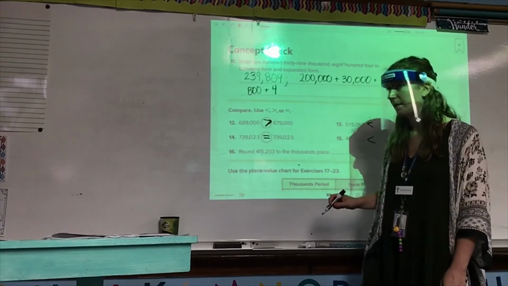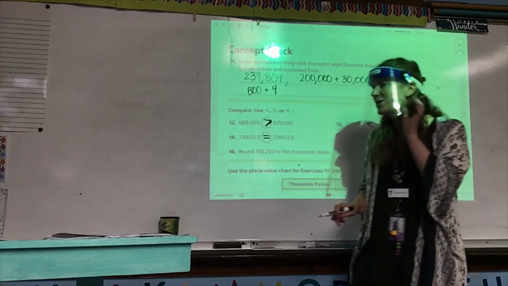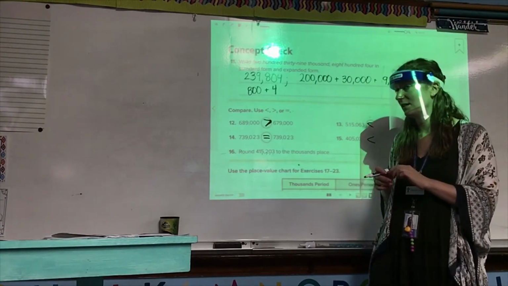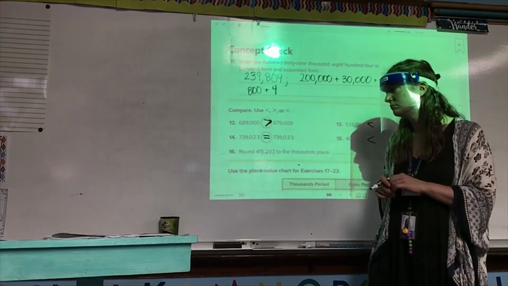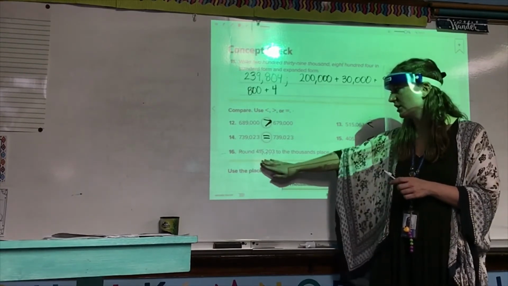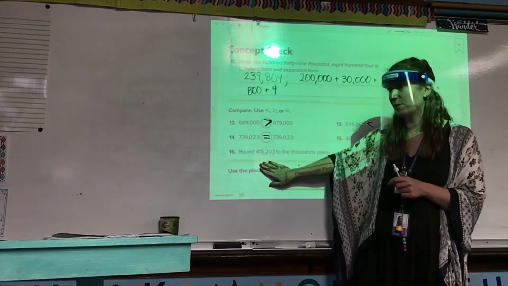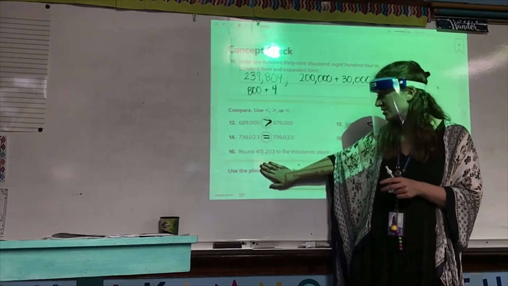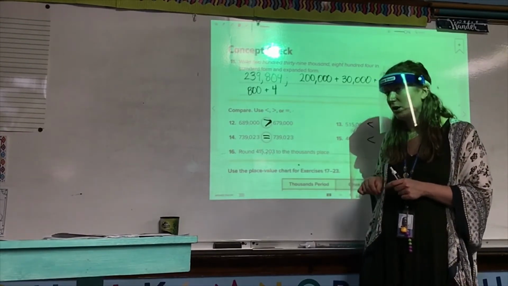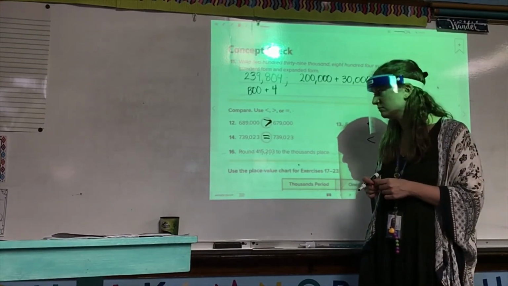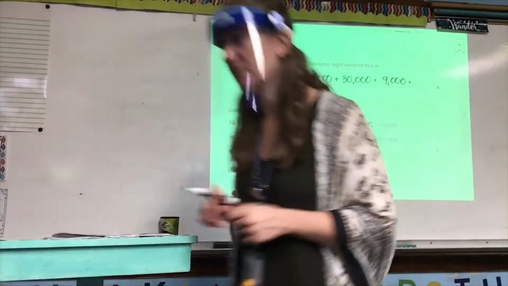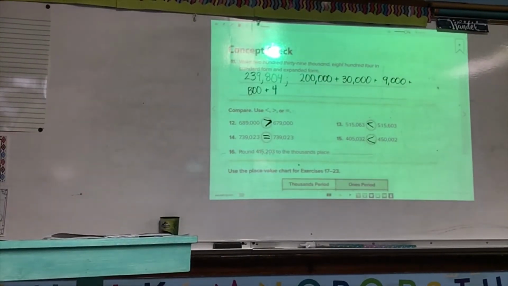Kingston, look at your number. I'm asking you for the digit, not how much it's worth. A digit is just the one little symbol. So what digit is in the thousands place?